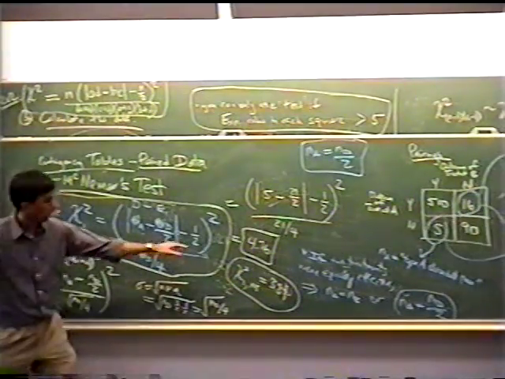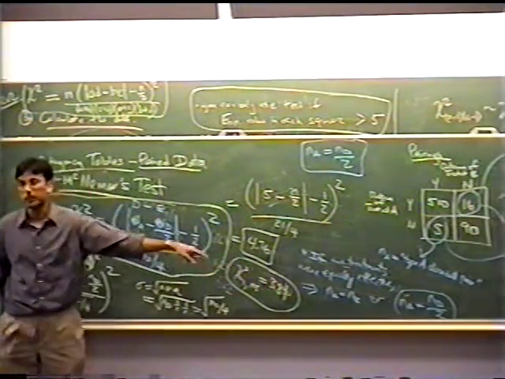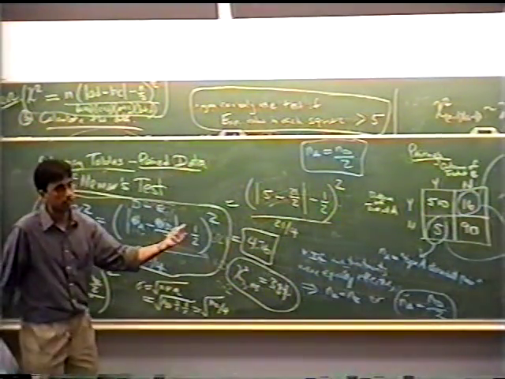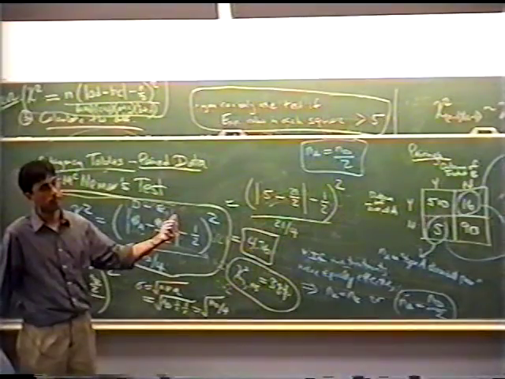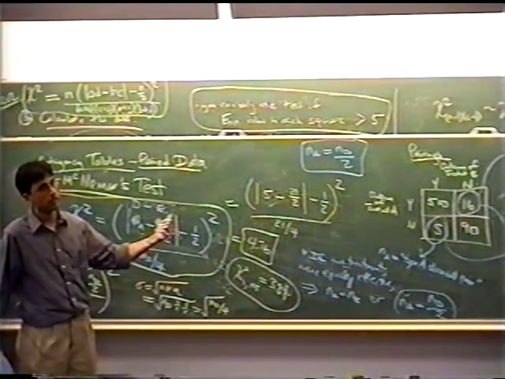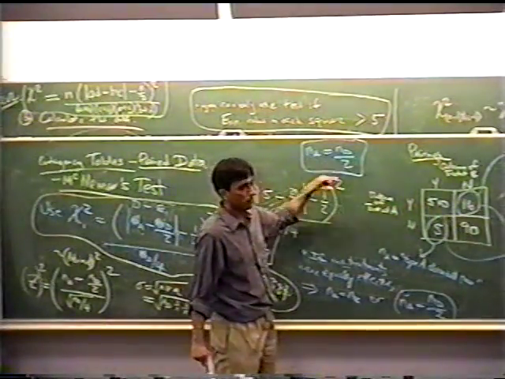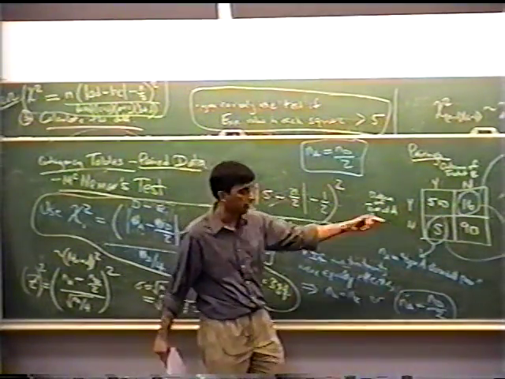And so our number is greater than 3.84. What do we conclude? We reject the null hypothesis, which was? We're rejecting the null hypothesis that the number of discordant pairs is due to chance.